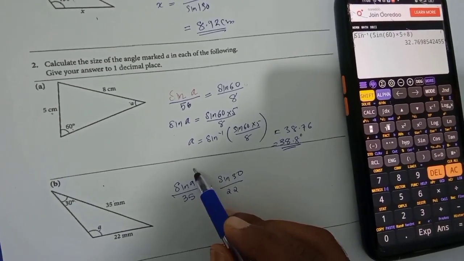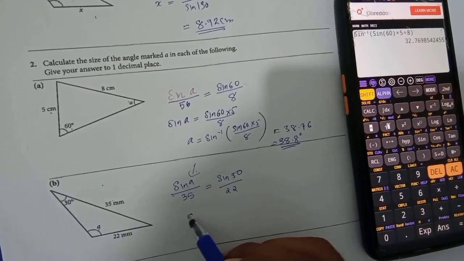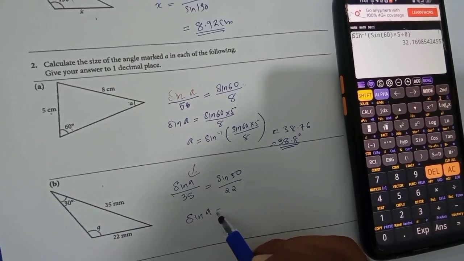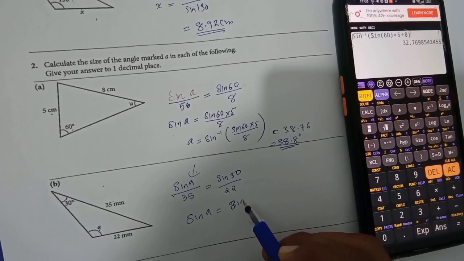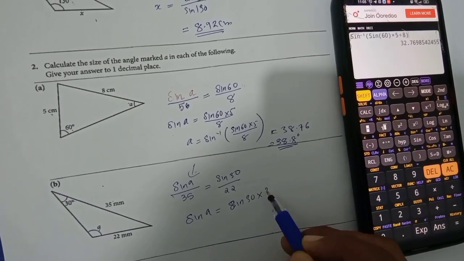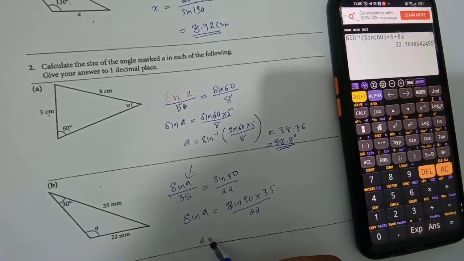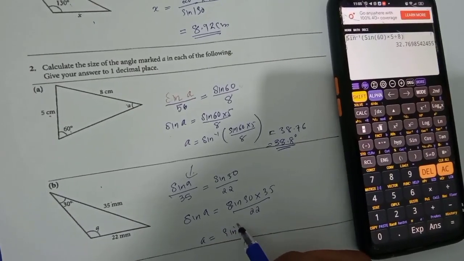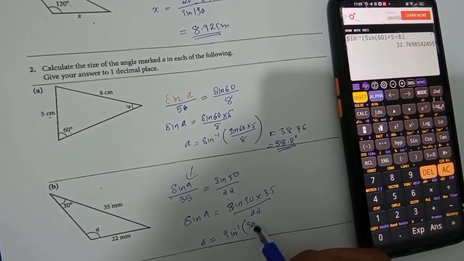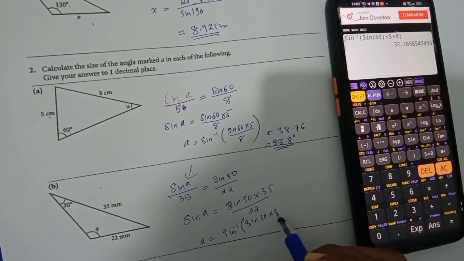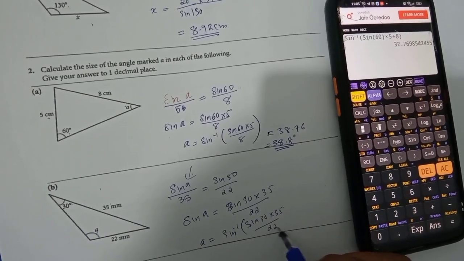So sine A is sine 30 into 35 divided by 22, and A equals sine inverse of sine 30 into 35 by 22.